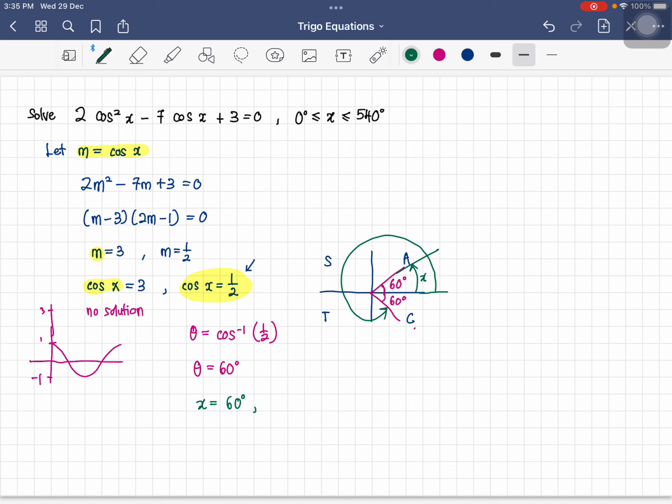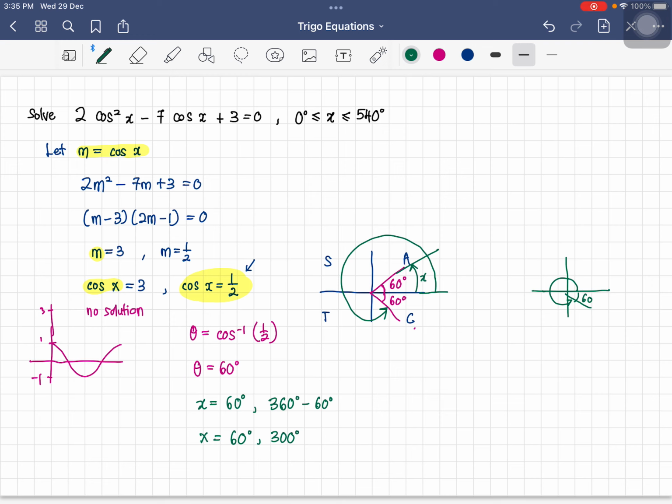Because one complete cycle is 360 degrees, to get the value of x we need to subtract 60 from 360. Therefore, I've got x equal to 60 degrees and 300 degrees.